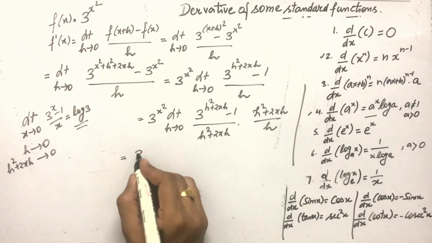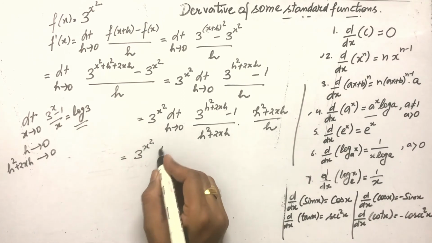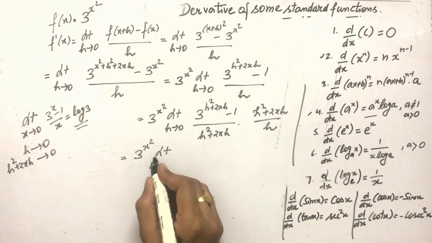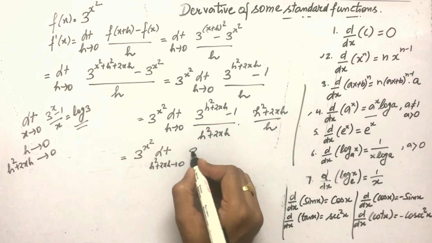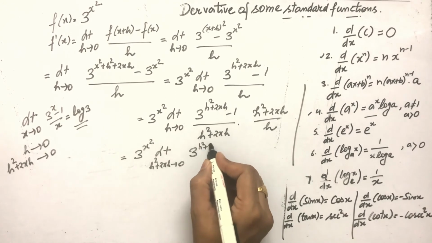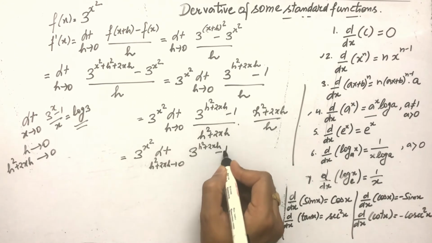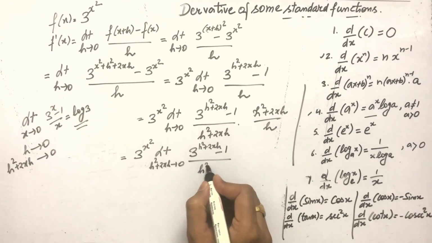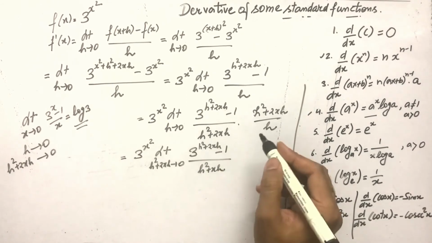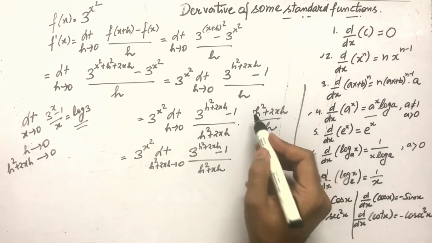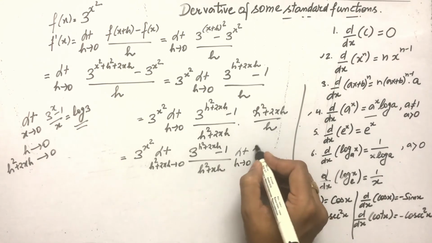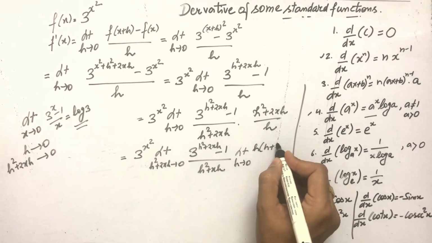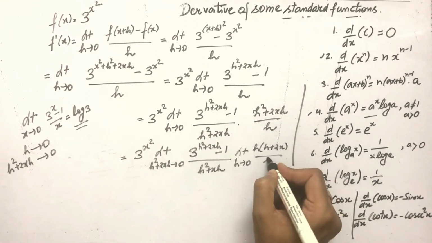So very easily this may be written as limit (h square plus 2xh) tends to 0, (3 power (h square plus 2xh) minus 1) upon (h square plus 2xh), times limit h tends to 0, (h square plus 2xh) by h. And here we can take h common and write limit h tends to 0, h times (h plus 2x) by h.